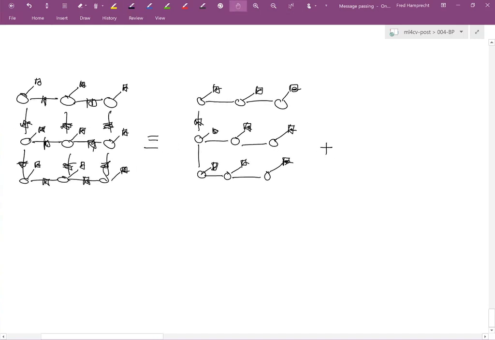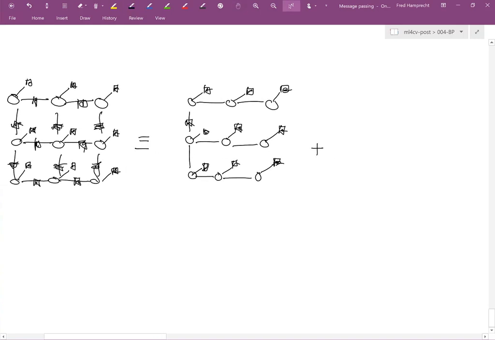Plus, and then we need another model, and they will, let me see, how can I minimize overlap? I want this one.